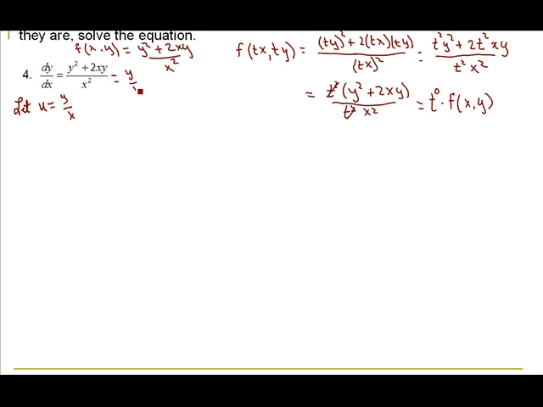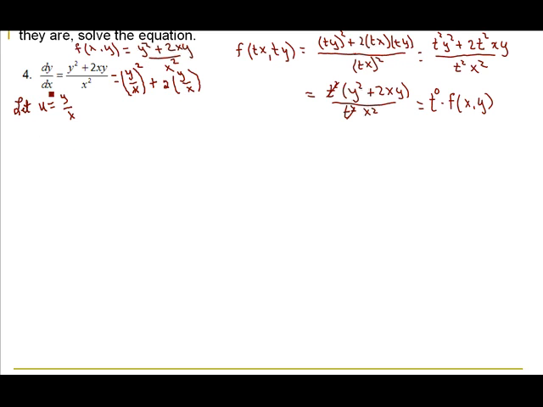I'm going to write that as y over x squared, plus 2xy over x squared. Here I can cancel one of the x's, so I have 2 times y over x. So notice that these y over x's will be substituted in, and they'll just become u's. You're going to have u squared plus 2u.